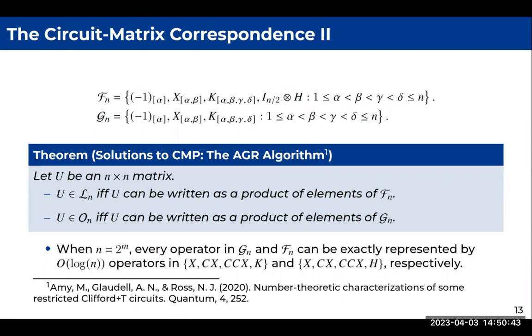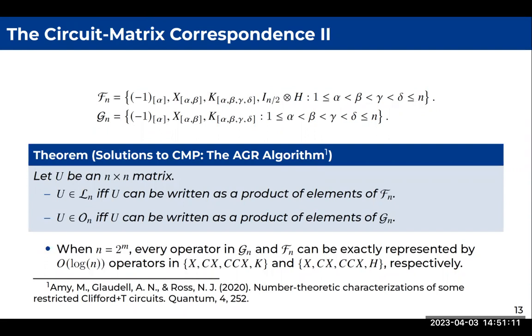And we also learned from the past literature dating since 1995 that these generators can actually be exactly represented by the two gate set that we just discussed, using O(log n) operators, as you can see here.